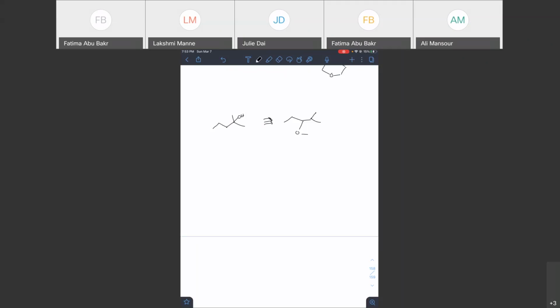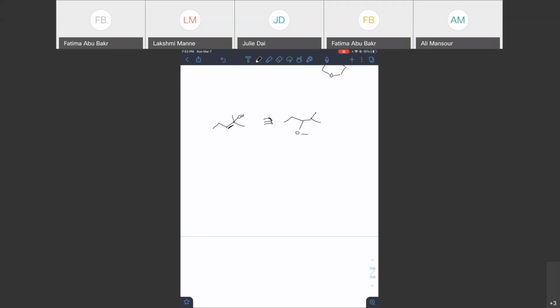So for this one, the best way to do it would be to somehow get the double bond to occur between these two and then break that off.